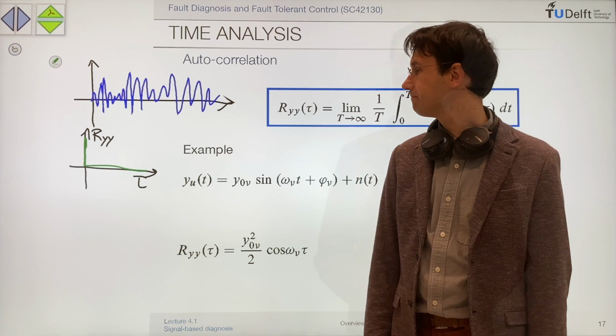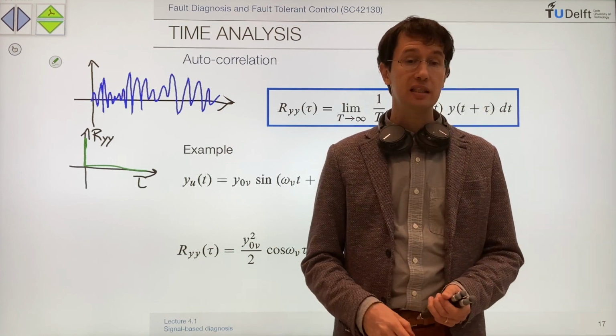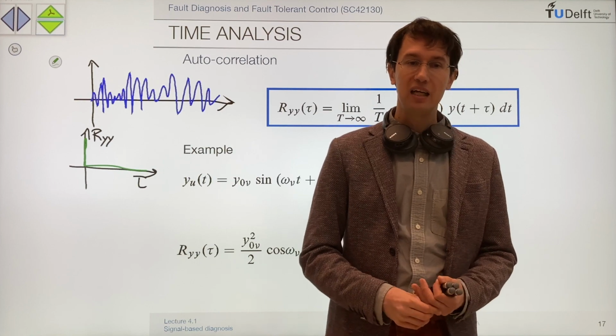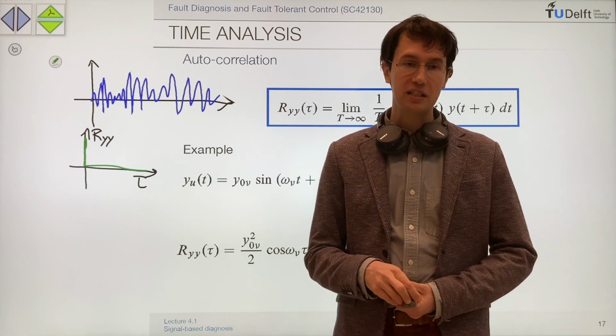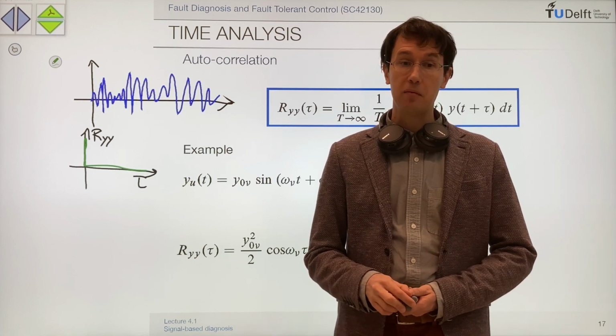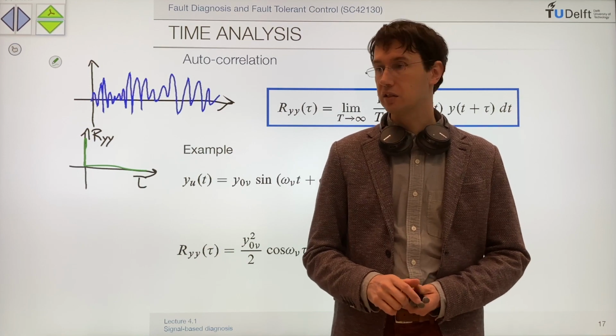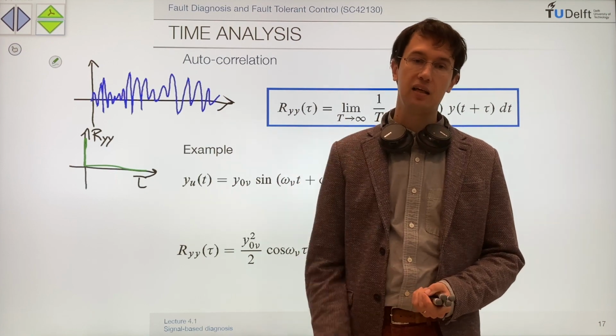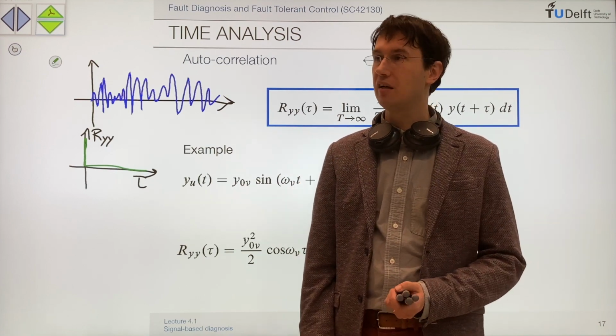normal behavior. But now let us assume that there is a faulty behavior in your engine, and this faulty behavior is leading to some periodicity in the signal. So maybe every rotation of the engine there is a clank or some other noise.